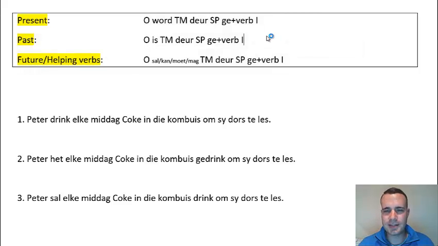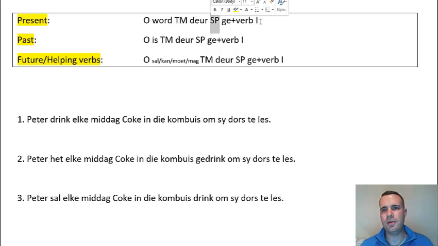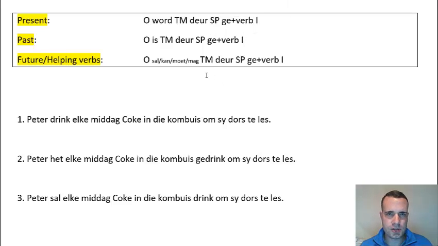Now these formulas, if you follow them exactly, you're not going to get this wrong. You're not going to make a mistake with this. There's your object, your word, your ge, and your verb. If you had a time and manner, it would go in there. If you had a subject and a place, it'll go in there. And if you had an infinitive, it will go there.